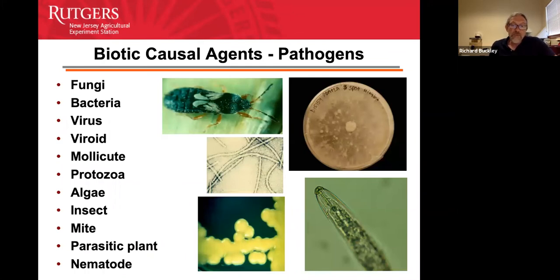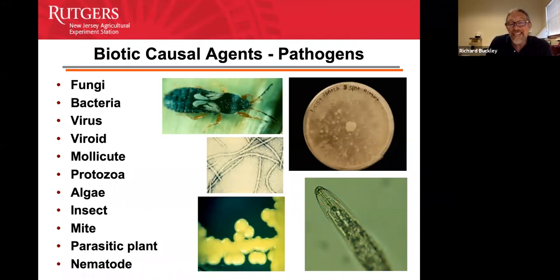Living organisms, the pathogens, to an outright pathologist, we're talking about fungi, bacteria, viruses, molecules, protozoa, algae. Of course, the pythiums and phytophthoras and downy mildews are now classified as algae. That's nice.